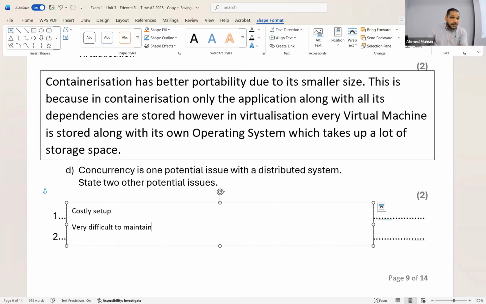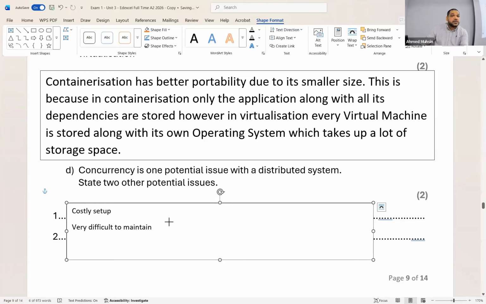Before you maintain, you need to set it up, right? So what do you think about the setup? Costly setup, yeah. I'm talking about once you have to pay a huge amount. Configuring it is also complex configuration, right? Complex configuration. Why complex configuration?